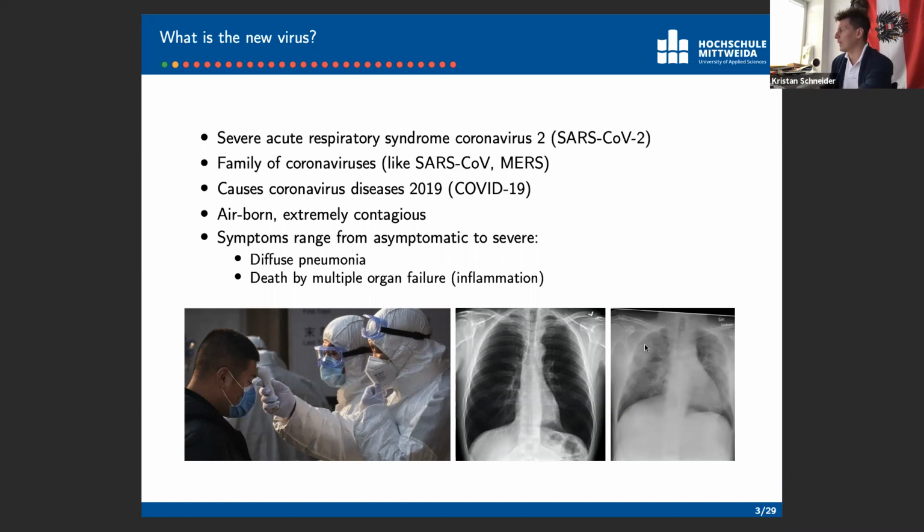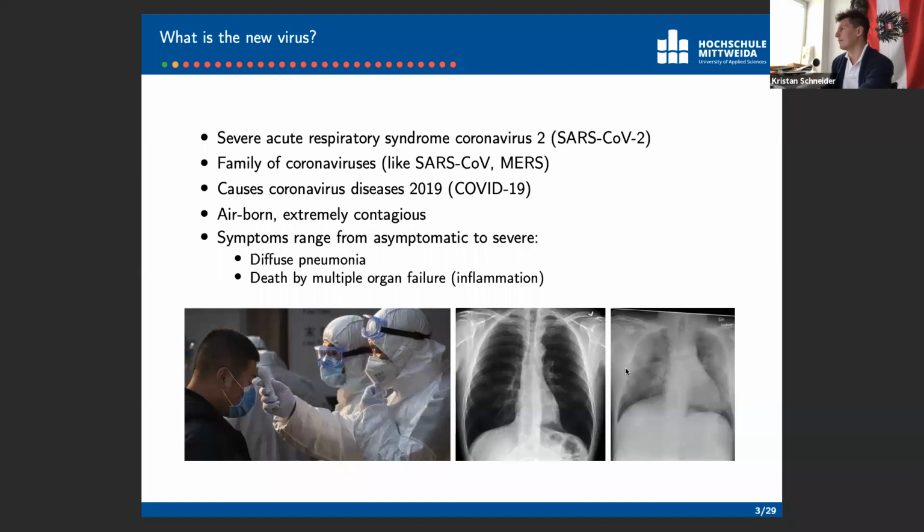You see these white shades of the diffuse pneumonia over both lungs. With such a pneumonia, patients are obviously soon headed for the breathing machine. So the disease is something extremely serious.